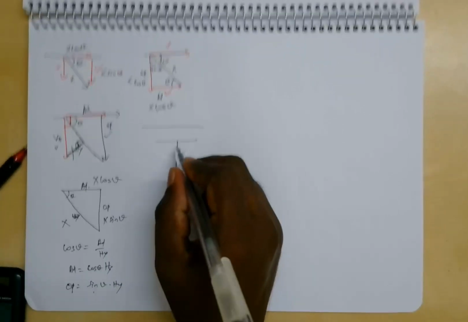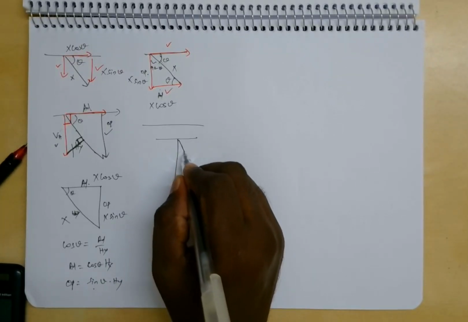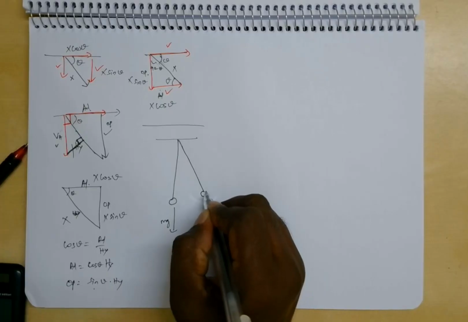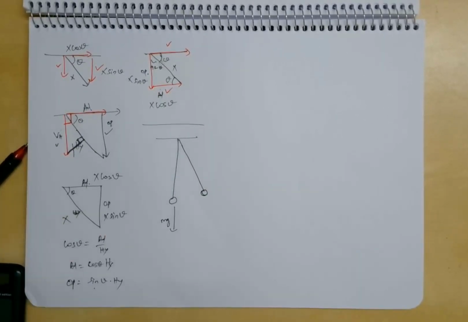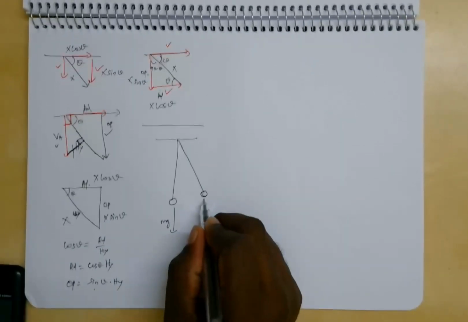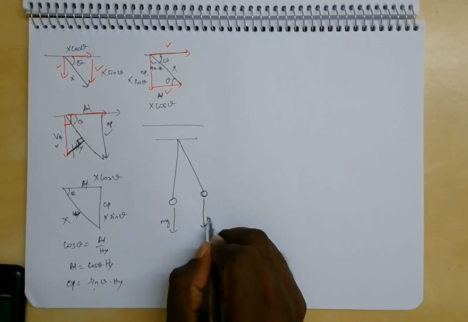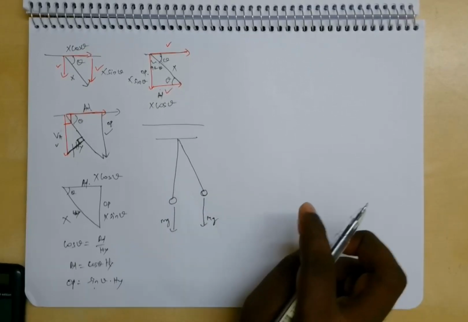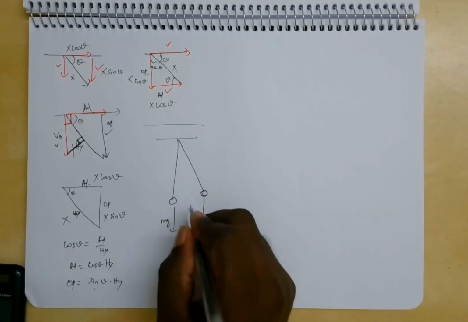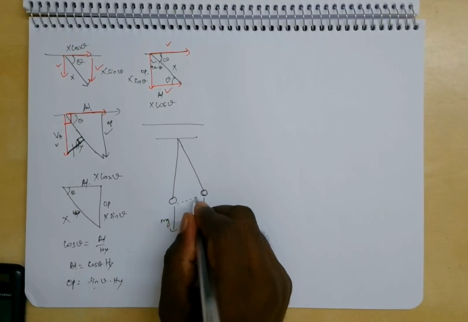But let's say that we lift this simple pendulum to some distance. Now, in which direction is mg acting? Downward only. Okay. So, mg. In which direction does the pendulum move actually? Can you say it moves like this?